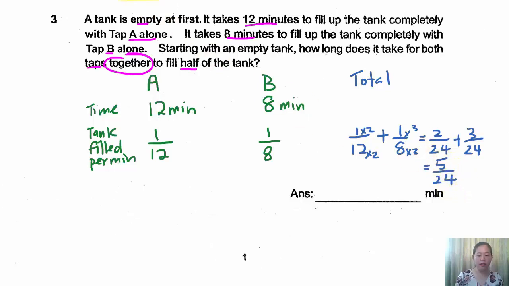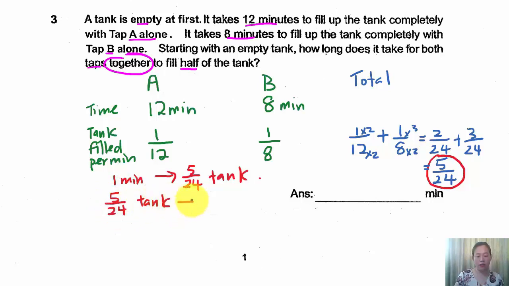So to fill the entire tank, how are we going to use this to help us? For every 1 minute, together they can fill up 5 over 24 of the tank. So what it means is that 5 over 24 of the tank will take 1 minute.